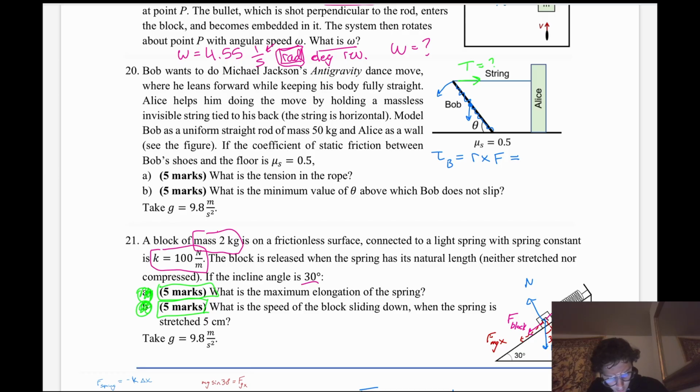So how long is Bob? Model Bob as a uniform straight rod 50 kg. Alice is the wall. Bob leans forward while keeping his body. Oh wait, they don't give us a length for Bob.